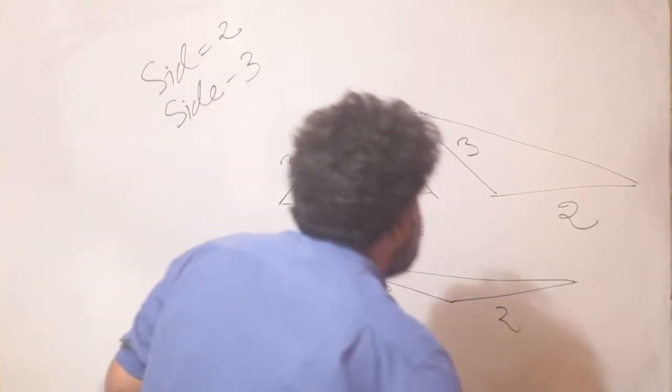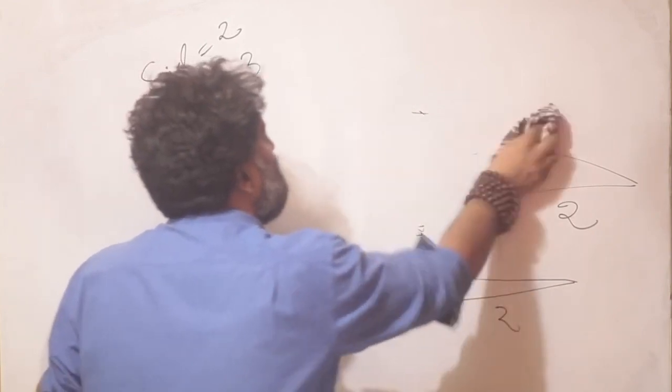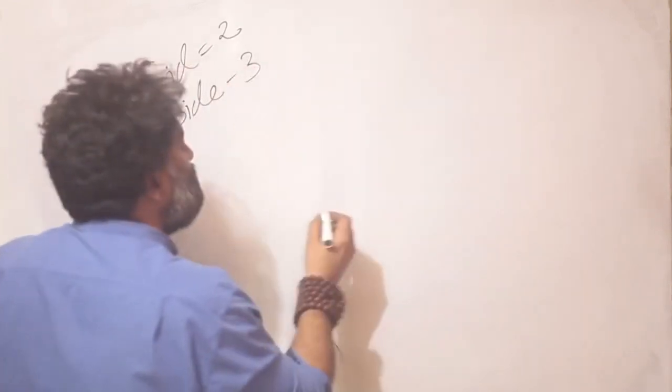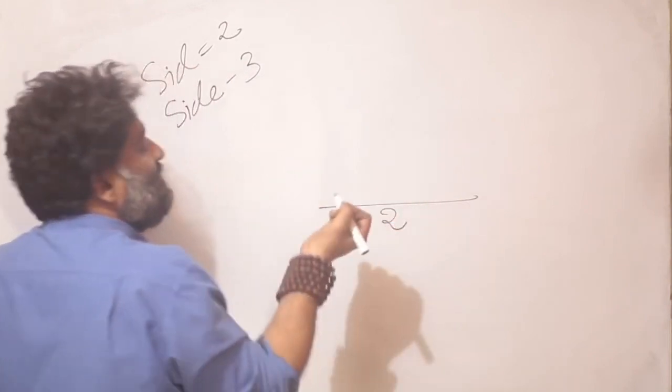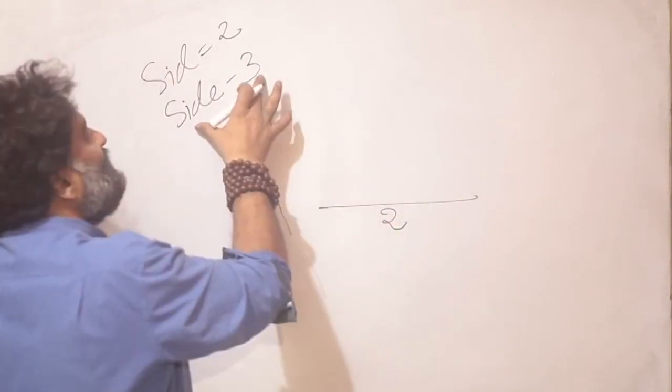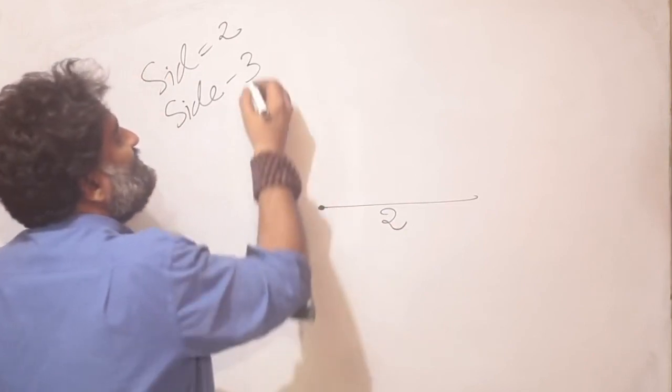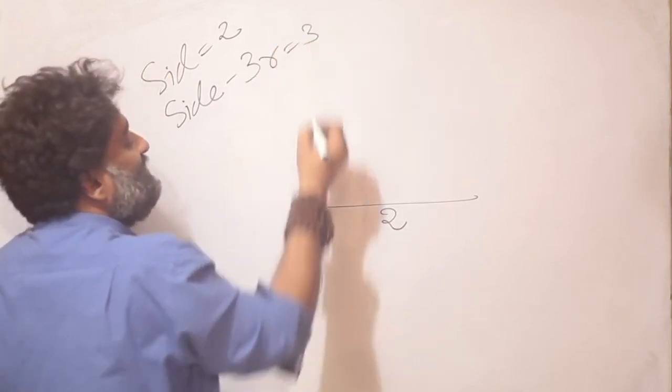So another idea that we can look at, in terms of how to create triangles if some information is given to us, is this. Say the side was given to me as 2 and the other side is given as 3. Take this as the center point of a circle with radius 3, right?